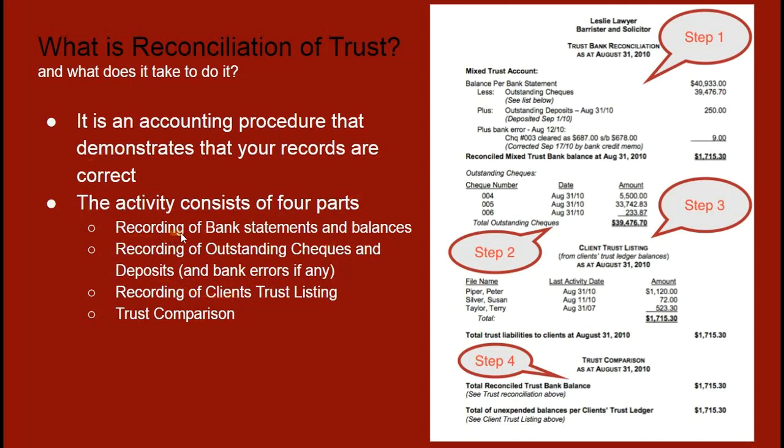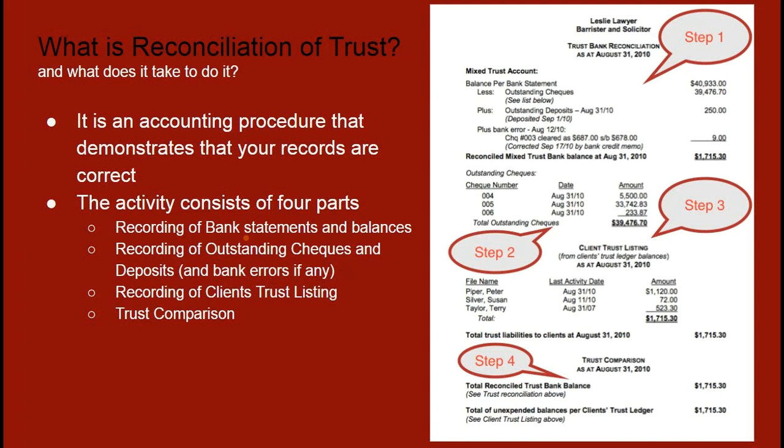And those are the recording of the bank statements and balances. So if you're doing it for the month end, let's say the end of April, and you've received all these retainers and transactions have gone back and forth, you really want to understand what is the balance in my trust account.